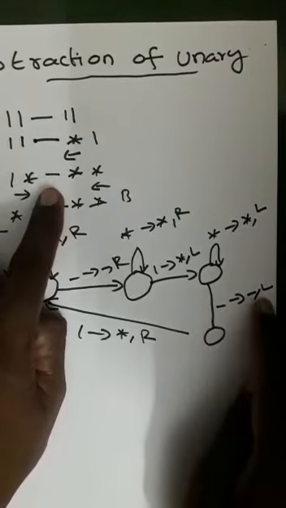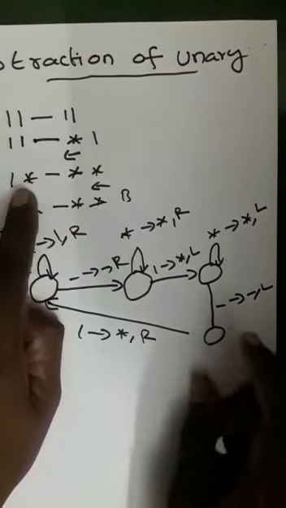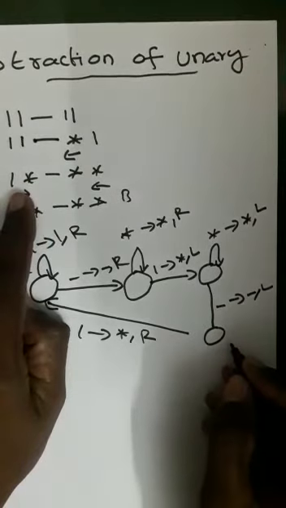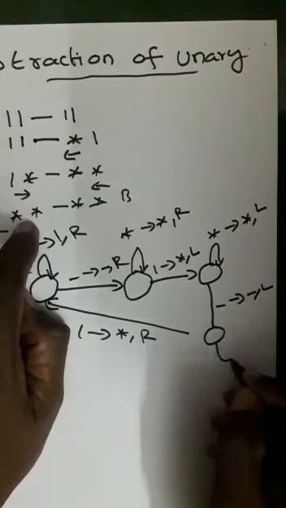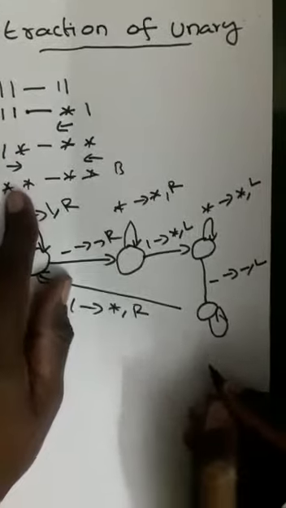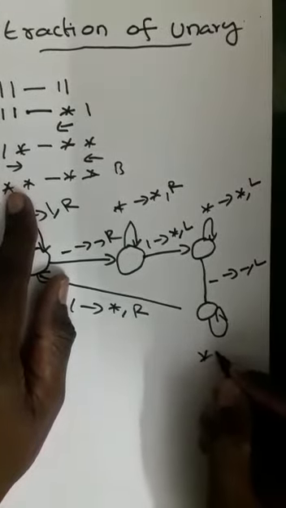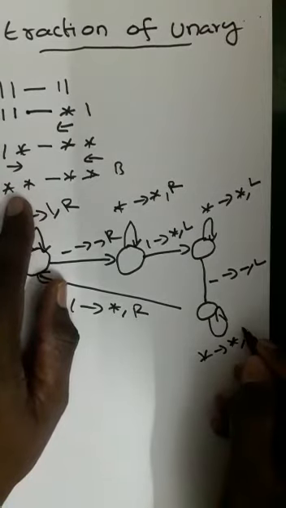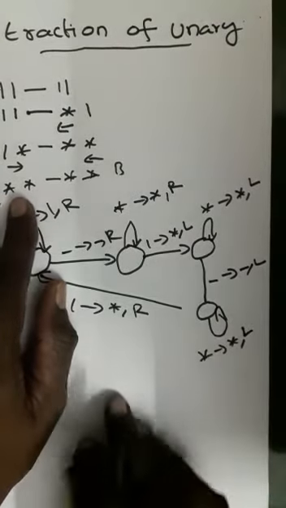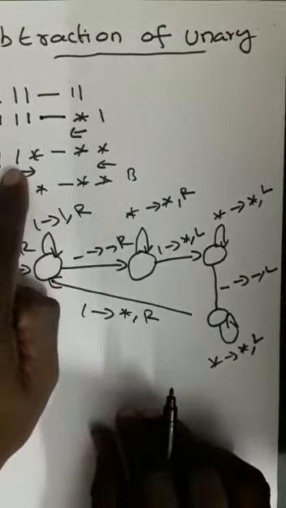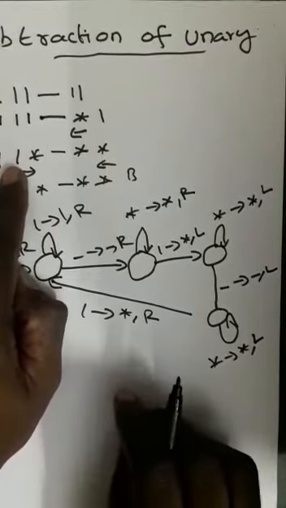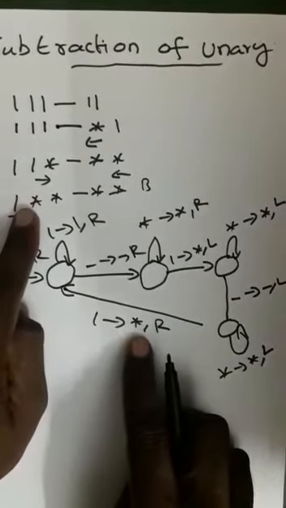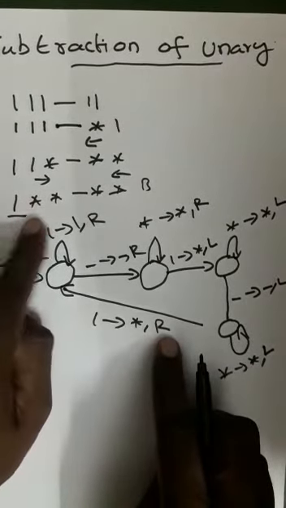Once star is there, keep the star as it is, move towards left. At last, the second one, again this is converted into a star, and change the direction to right.